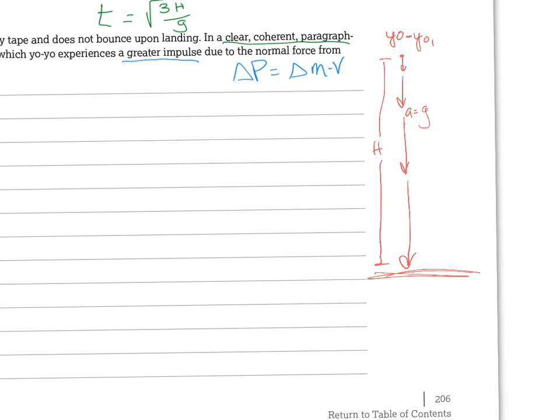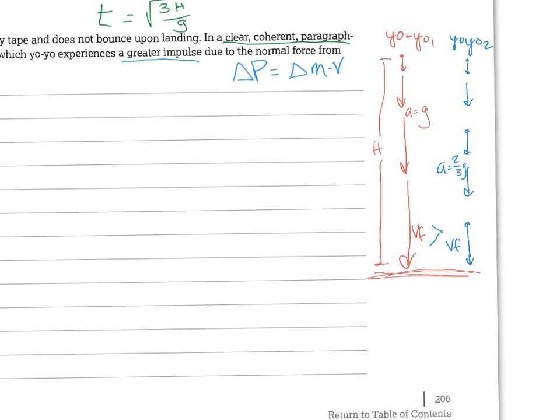But yo-yo 2 had a smaller acceleration value, and so it doesn't pick up speed at the same rate, and so by the time it hits the ground, its v final is less than the v final for the red yo-yo, or yo-yo 1. And again, the reason for that is that this acceleration was only like 2/3 of g.